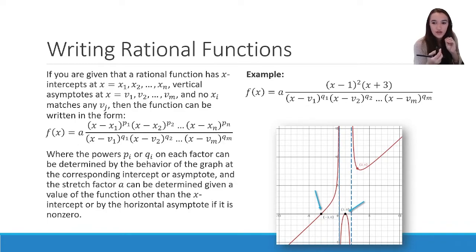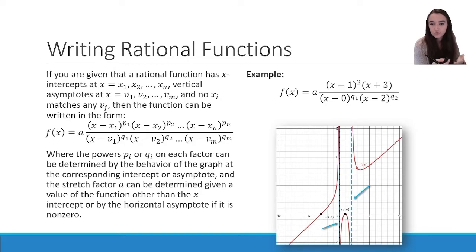Next, we're going to look at the vertical asymptotes. The vertical asymptotes occur at x equals 0 and x equals 2. So I'm just going to put those into my denominator: x minus 0, x minus 2. Normally, x minus 0 I would just write as x, so I'm going to simplify it in a moment, but realize that just x is the same thing as x minus 0.